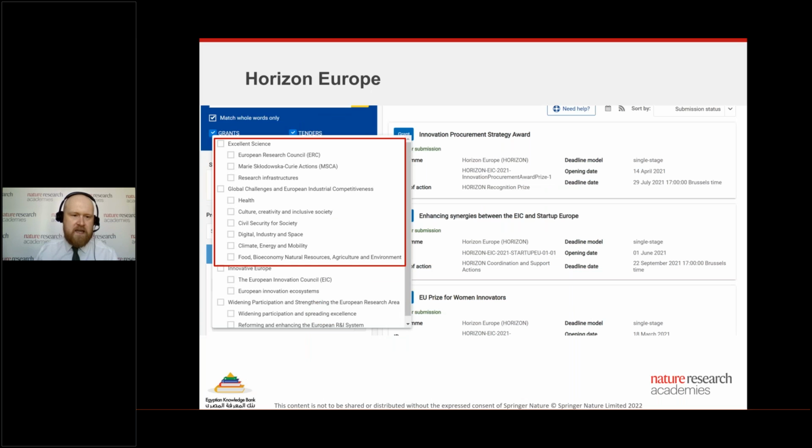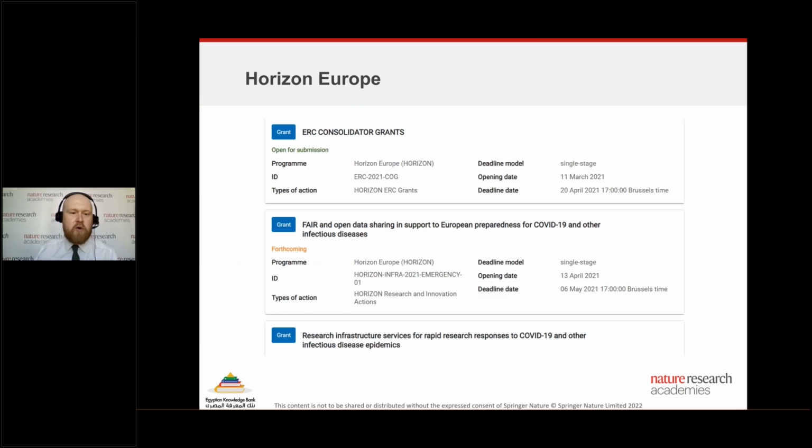As we can see here, we have many of the programs that we've just previously discussed: the European Research Council, Marie Sklodowska-Curie Actions, and Pillar 2 as well, Global Challenges and European Industrial Competitiveness. So you can search for these different programs and see what calls are currently open or which ones are going to be forthcoming.